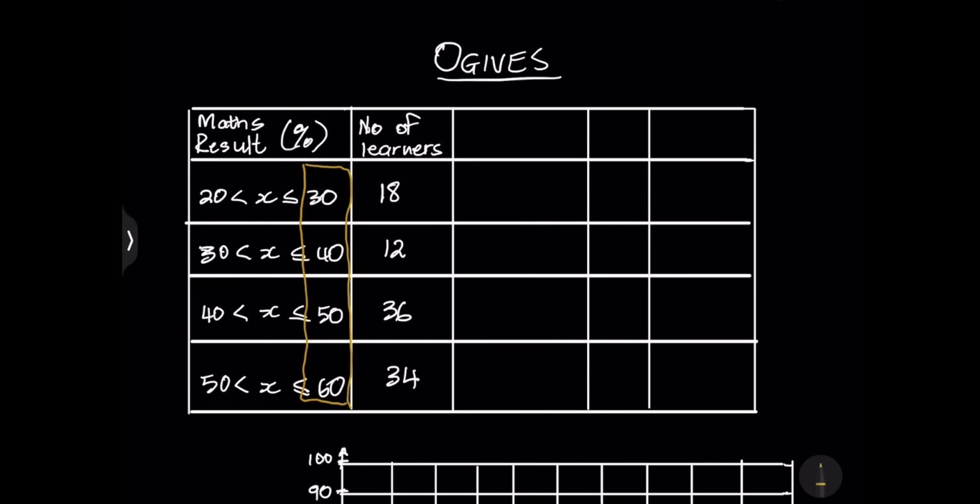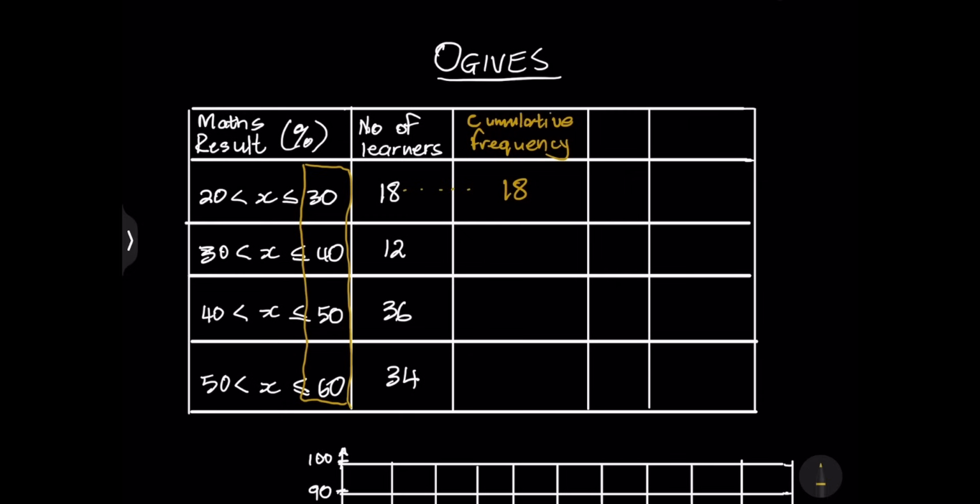So what we're going to do now is have a cumulative frequency column. Cumulative obviously suggests that you are accumulating the values. For our first value, we're going to take that 18 there.